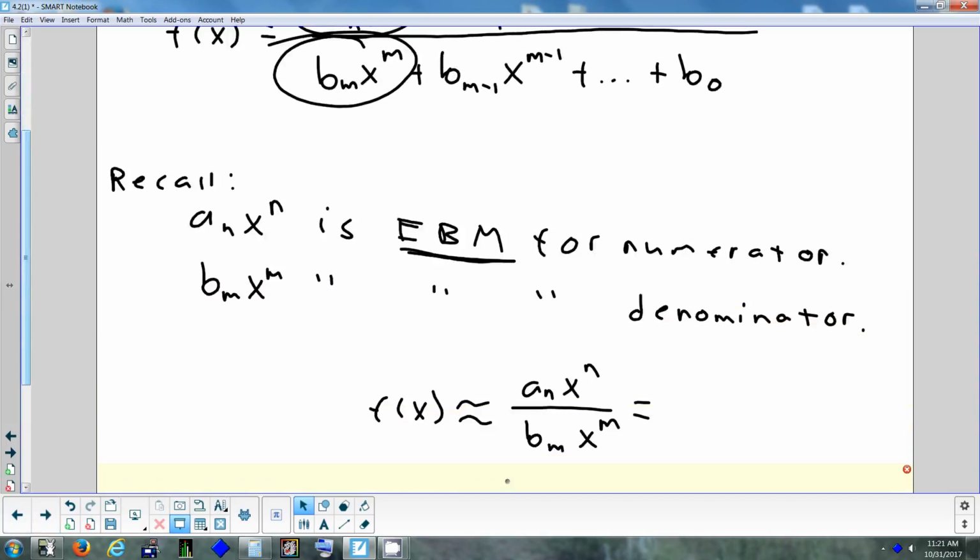So remember that the EBM means it predicts what the function is going to look like if you zoom out. The EBM doesn't predict all the small details. If you want to know all the little twists and turns the graph is going to take, the EBM is not what you want. EBM is big picture. You zoom way out, this is what this thing is going to look like.